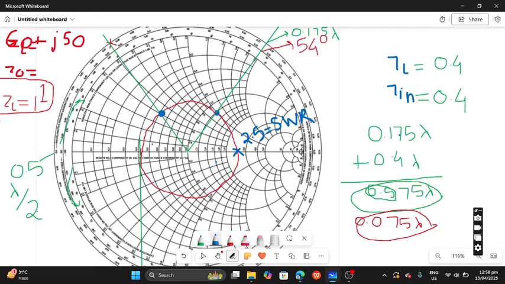This is 0.5, and on this scale you are getting 0.4.